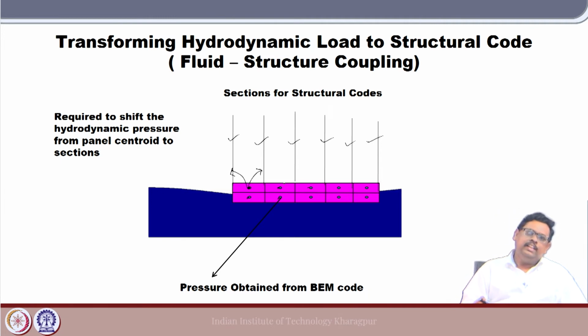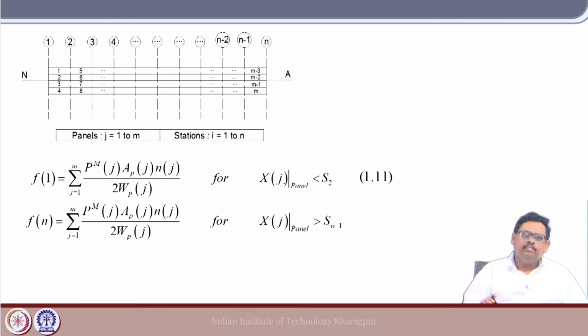So, what we did here, we used this formula. As I said, I take all the panel contributions between two sections, right. Now, for the first section, in general there are a lot of panels between two section lines, but here in this case only one side. So, in the case of the first panel we are using only these panels.